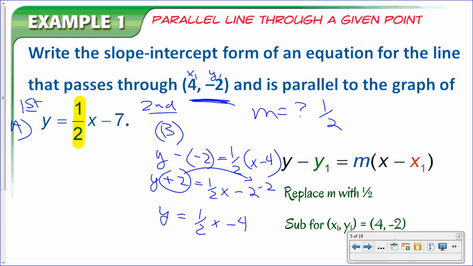Again, now notice, what do I have here? I got equation 1 and I got equation 2. What's similar about those two? Same slope, but they have different y-intercepts. So we'll have one showing on the graph.